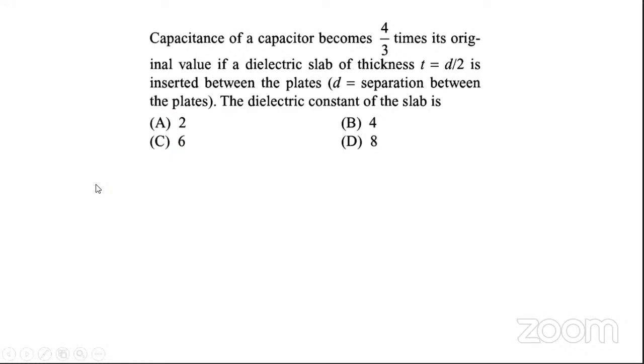Capacitance of a capacitor becomes 4 by 3 times its original value if a dielectric slab of thickness t equal to d by 2 is inserted between the plates. The dielectric constant of the slab is?